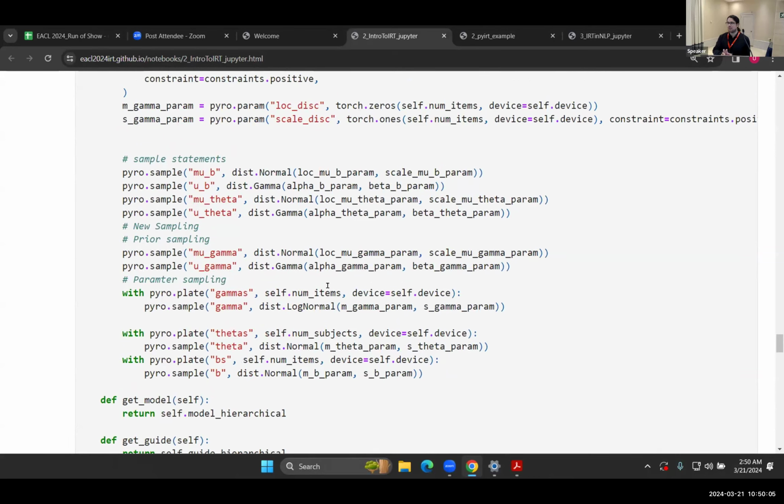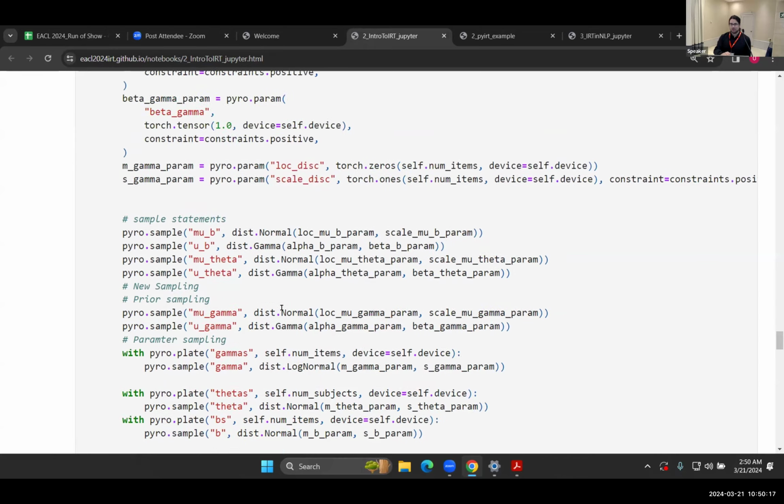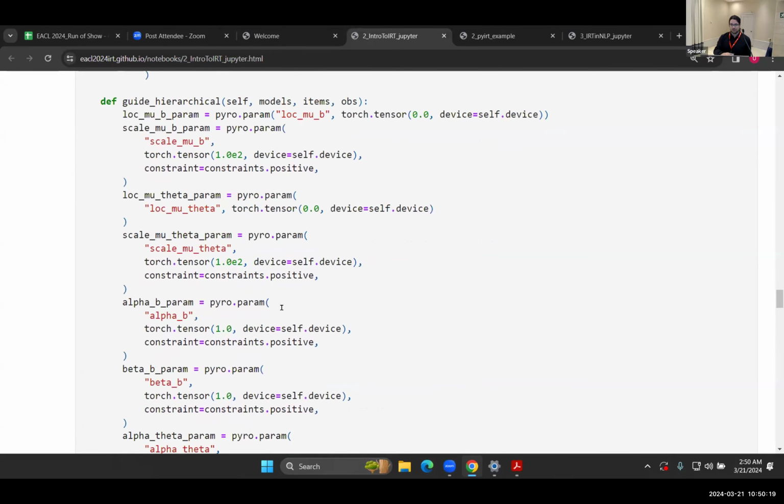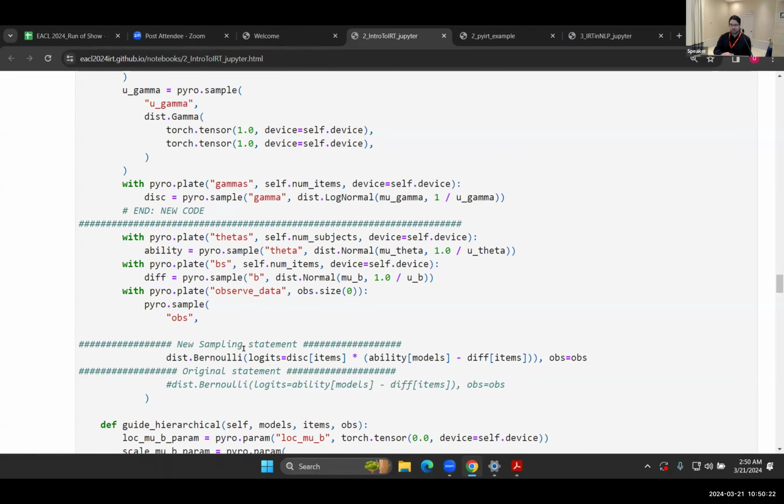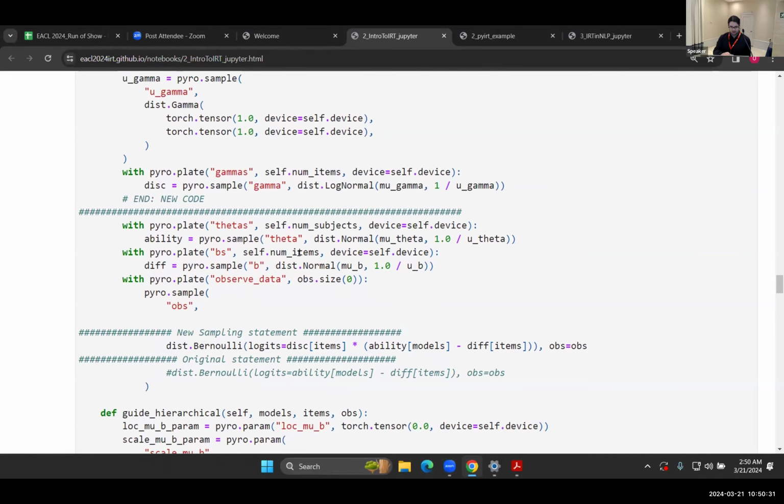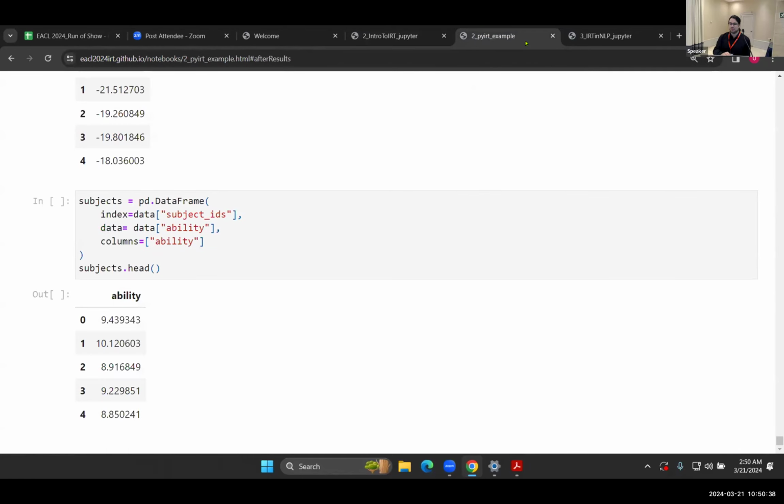I wouldn't, but this is just a note for the future: you can change this sampling statement from normal to log normal, and the guide statement as well. I think I actually have the original one here, so you change these two. Actually, no, this is the same. Where's the log normal? Here, the log normal. You change it there.